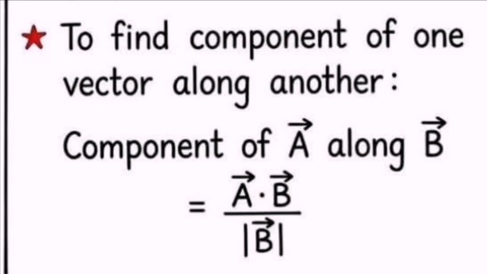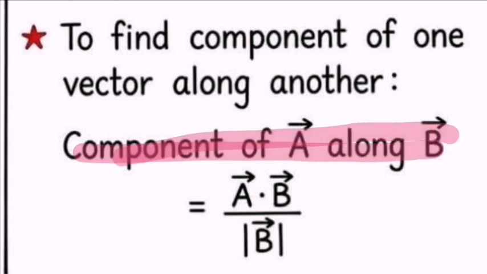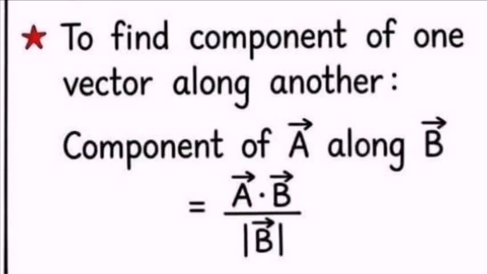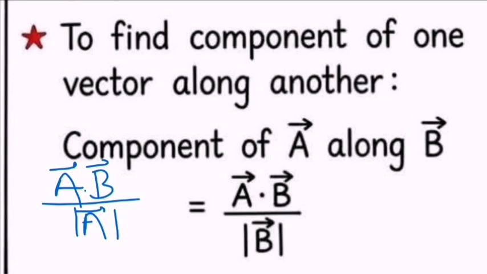The component of A along B will be equal to A dot B divided by magnitude of vector B. Now, if we find the component of B along A, then we use the formula A dot B divided by magnitude of vector A. This will be equal to the projection of B on A.